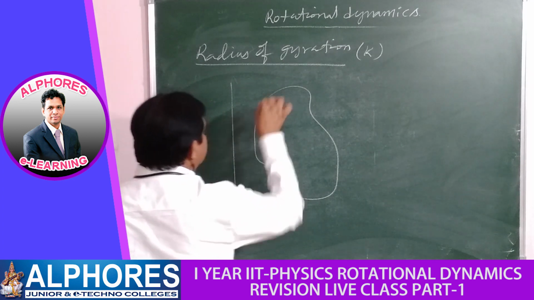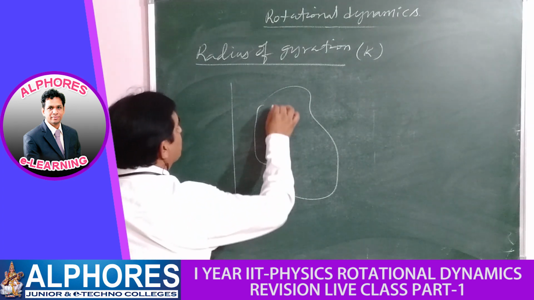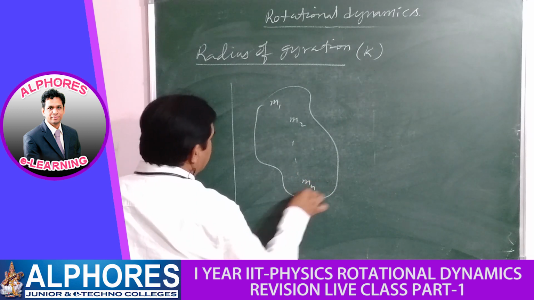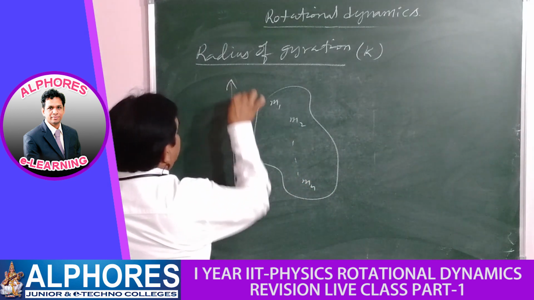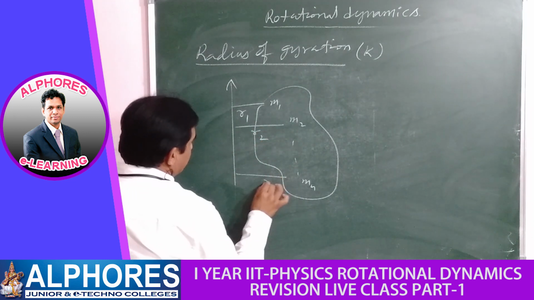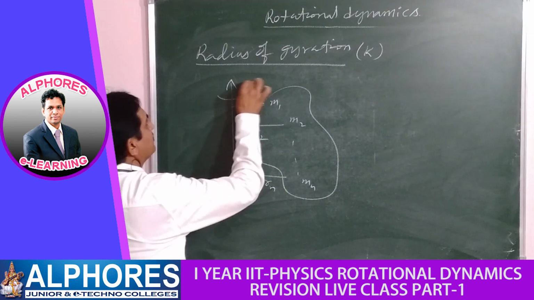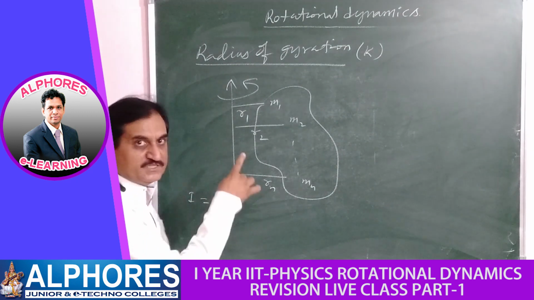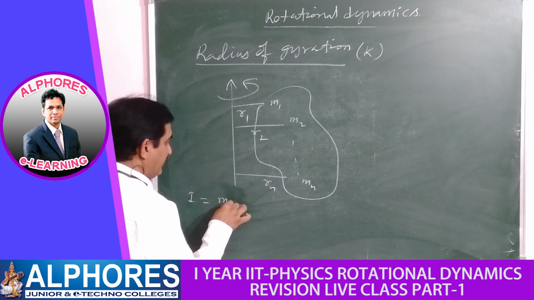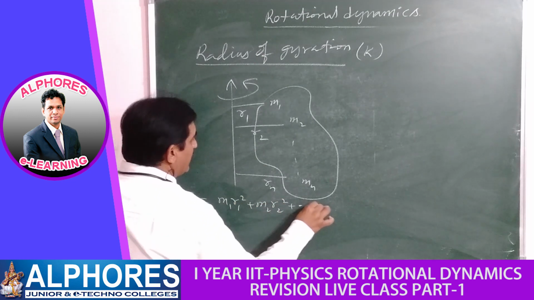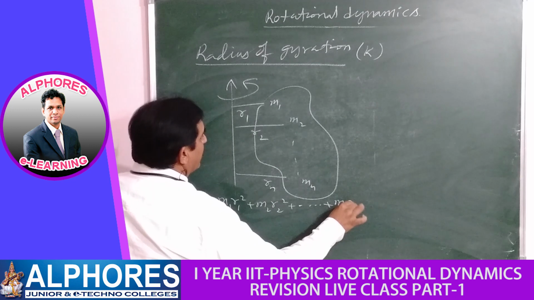Let us consider a system of particles of mass m1, m2 and so on, mn. These are at distances r1, r2, and so on, rn from the axis of rotation. Now the total moment of inertia of the system is m1 r1 square plus m2 r2 square, and so on, plus mn rn square.